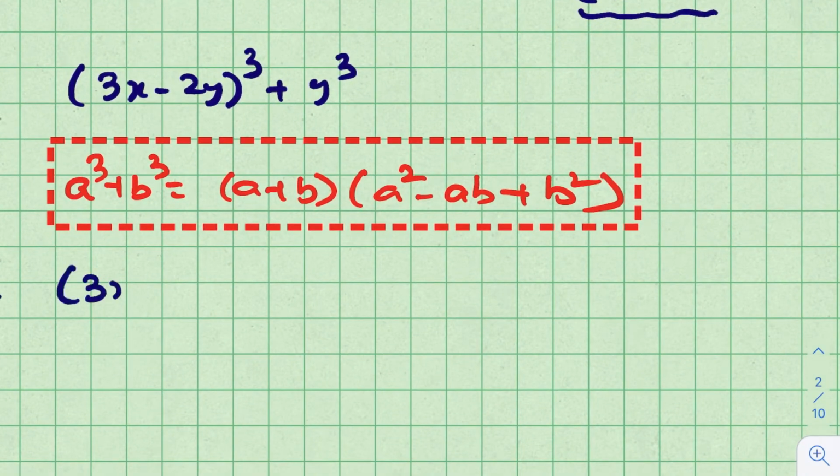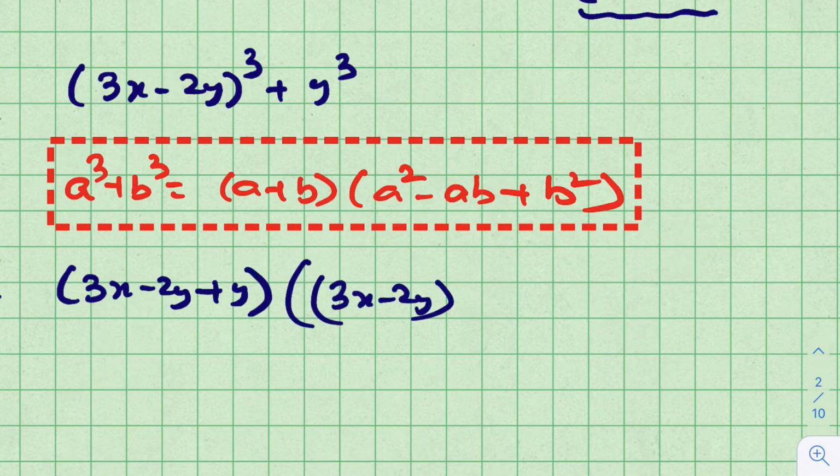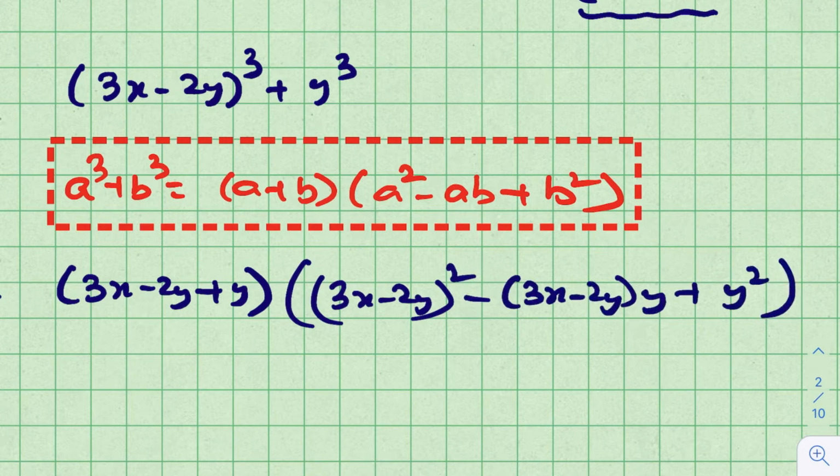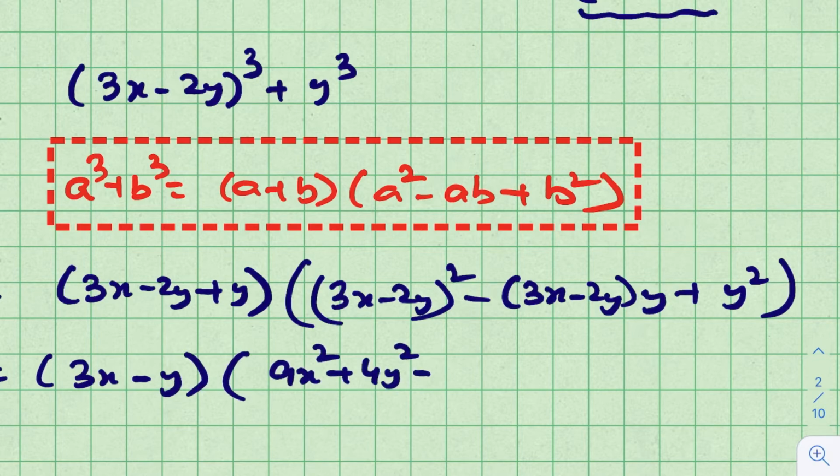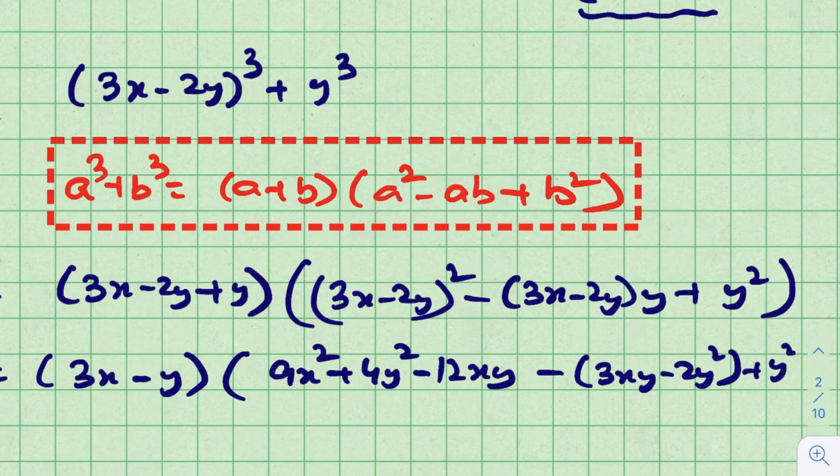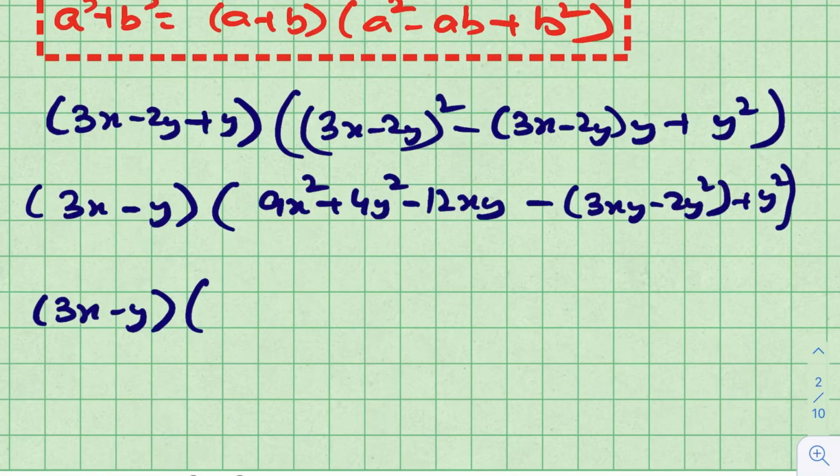Here a + b means 3x - 2y + y, a square means (3x - 2y) whole square, minus ab, (3x - 2y) into y, plus b square. This we can simplify and write it as... I applied (a - b) whole square and I expanded it like this.